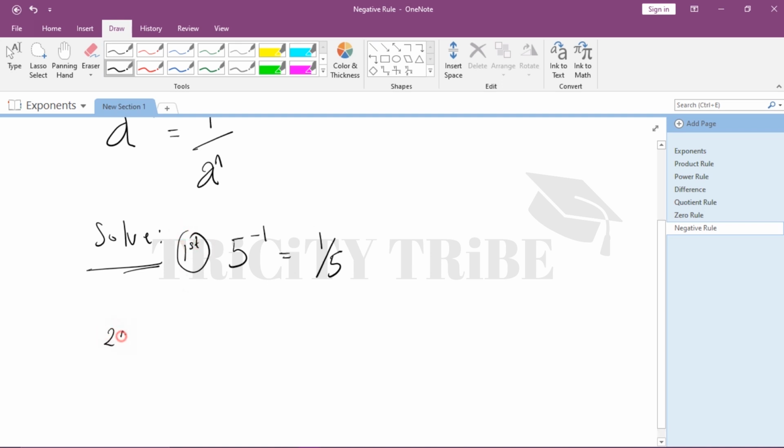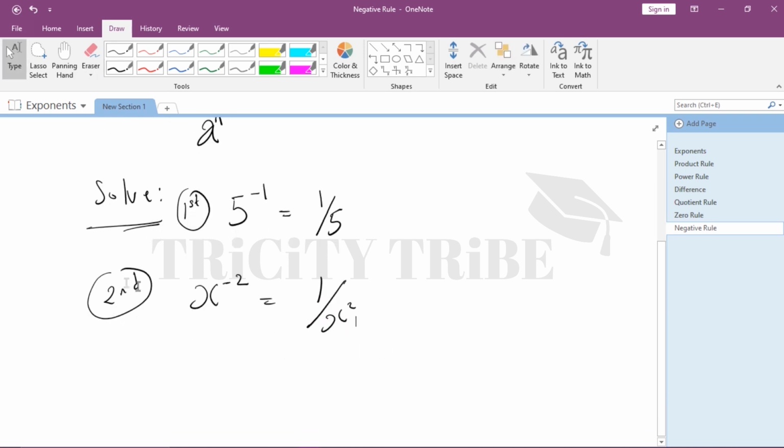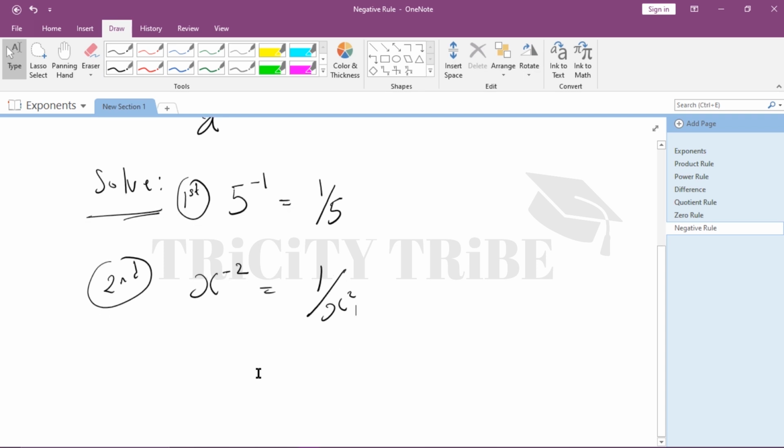Let's take the second example. If you have x raised to power minus 2, you have 1 over x squared. When you see the minus, it tells you that this whole thing goes underneath.